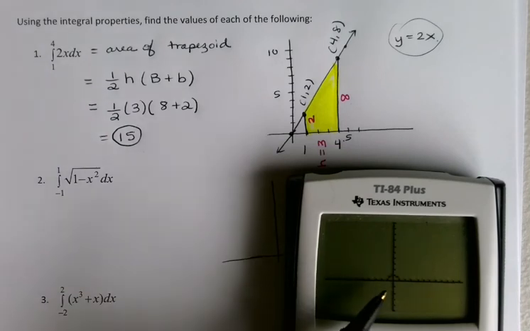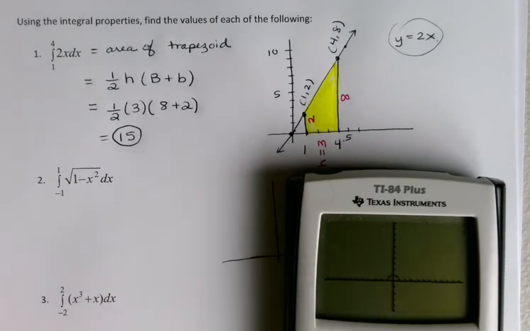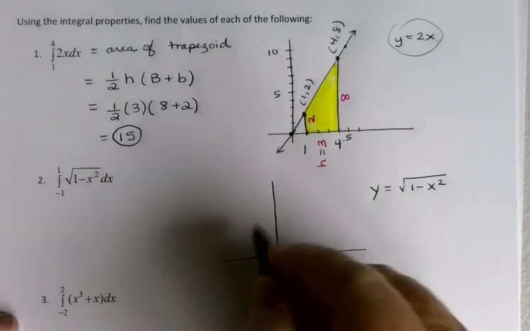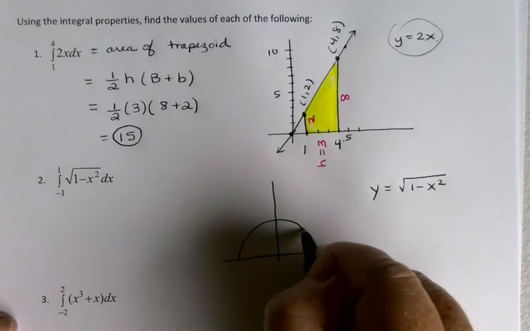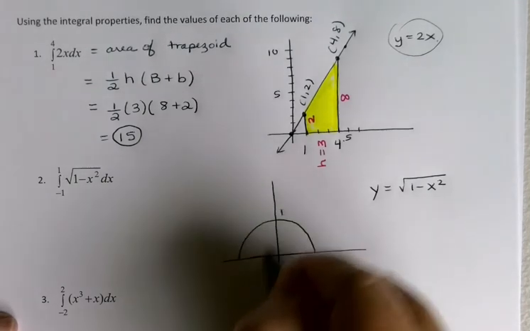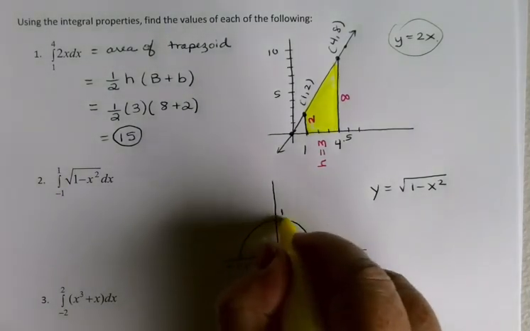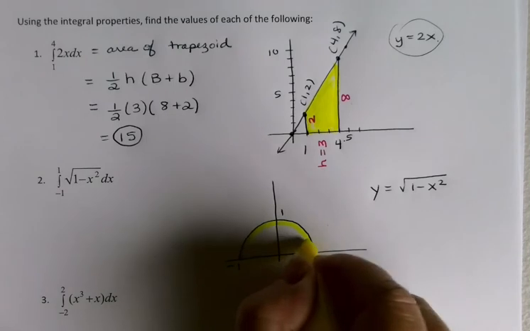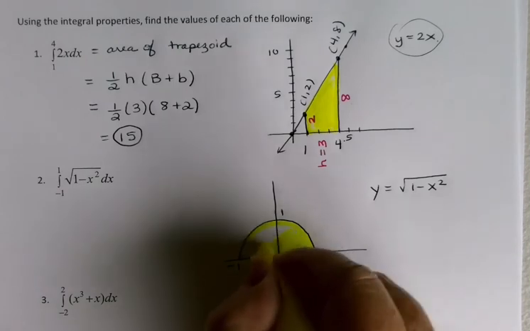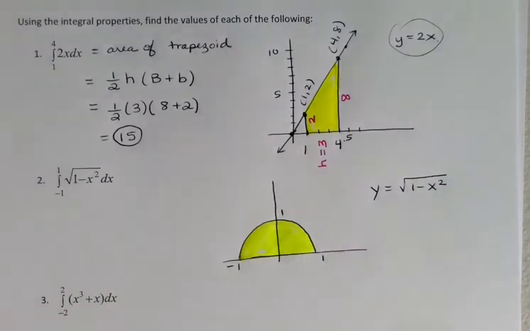There it is. It's actually really tiny down there, but you can see it. There's the top or the semicircle of radius 1. And since I'm integrating from -1 to 1, I want all of this. So I'd have half a circle.